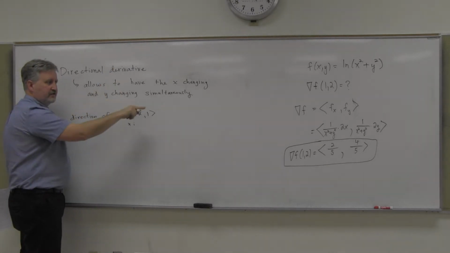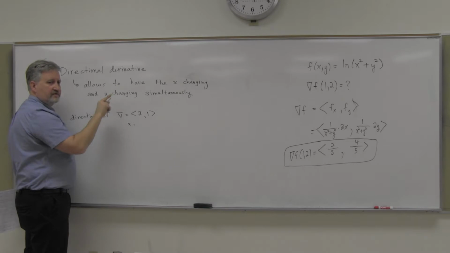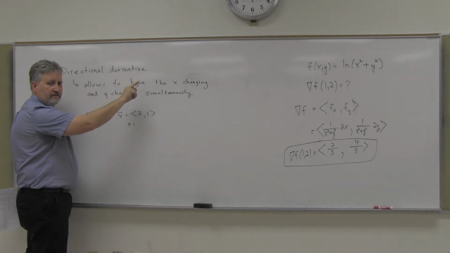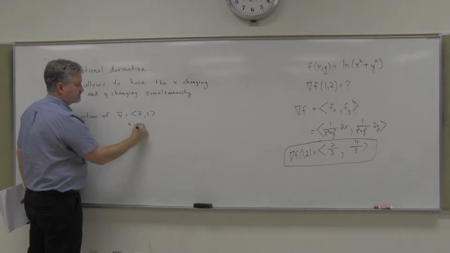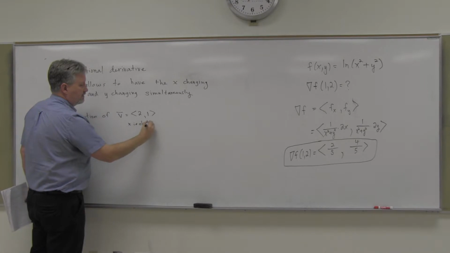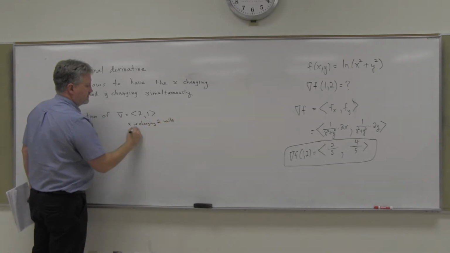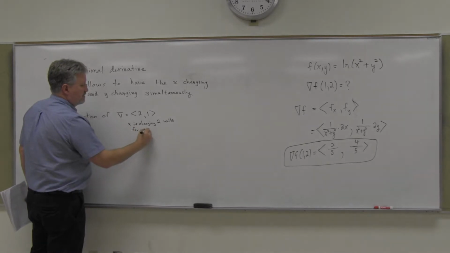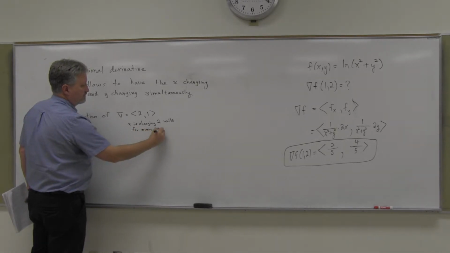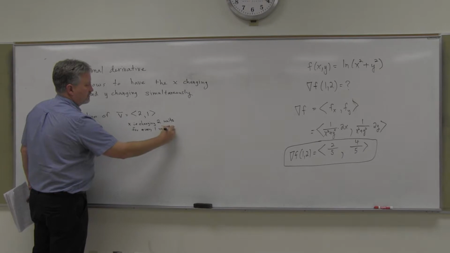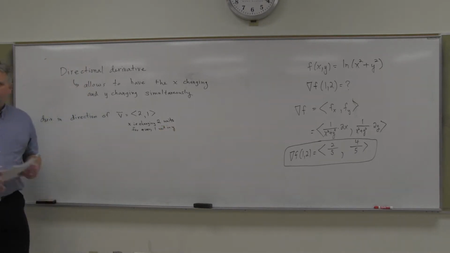X is changing 2, the y is changing 1, so that's telling me which direction to go for this derivative. X is changing 2 units for every 1 unit in y, something like that.